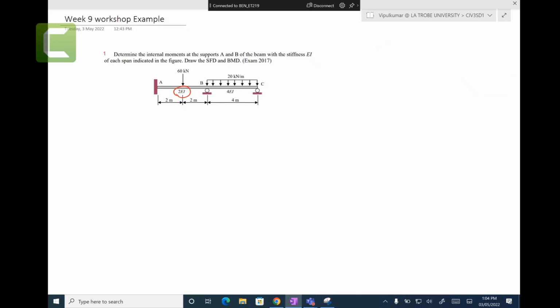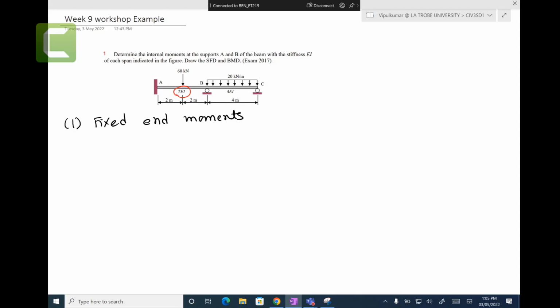All right. So step number 1, we find the fixed end moments. Yesterday we discussed that all the internal supports will be clamped, meaning they will be turned into fixed supports.